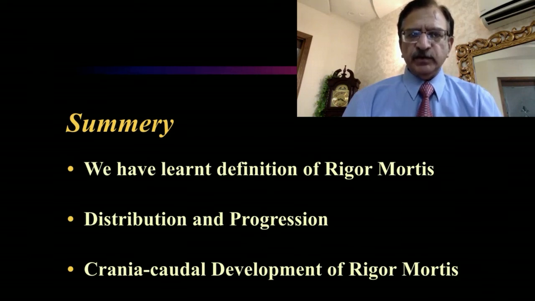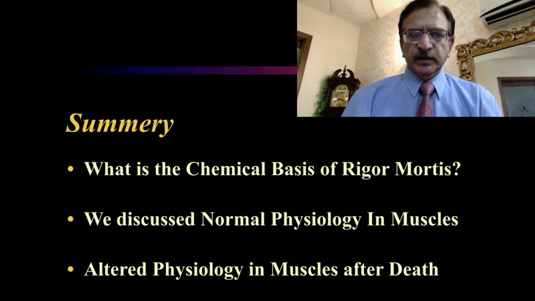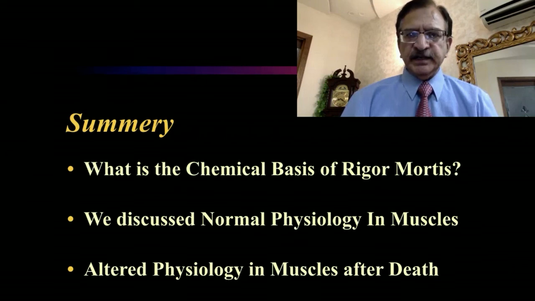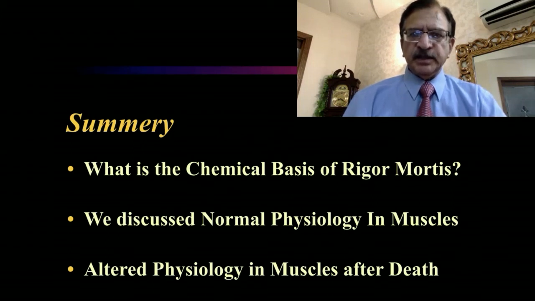The cranio-caudal progression we have discussed in its development. Then we have discussed and understood what is the chemical basis of rigor mortis. And to understand this, we have gone briefly through normal physiology and altered physiology, which occurs in the muscles after death.